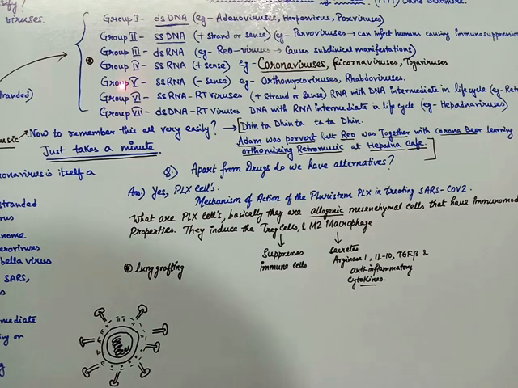We also have group 4 viruses, single-stranded RNA, positive sense, obviously our very famous coronavirus right now, along with picornavirus and togaviruses. These are all in the same group, group 4.